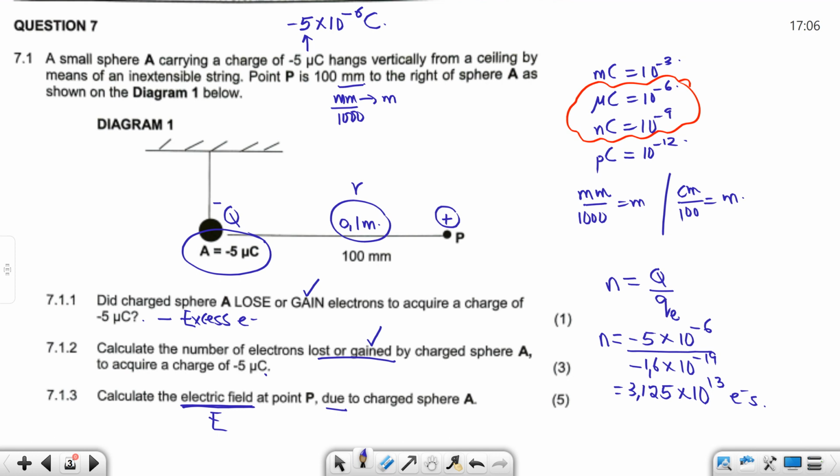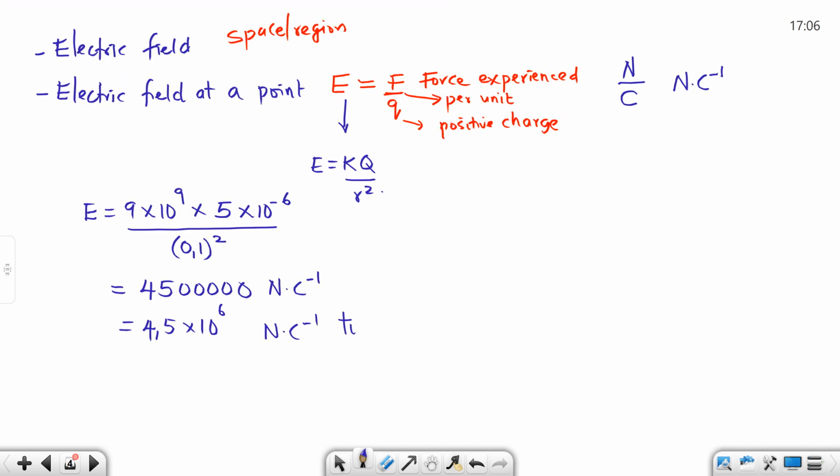What's going to happen? There's an attraction. It means P is dragged towards A, because P is being pulled because of the opposite. So what would I write here? It's going to be towards A, or somebody would say to the left. Very important.